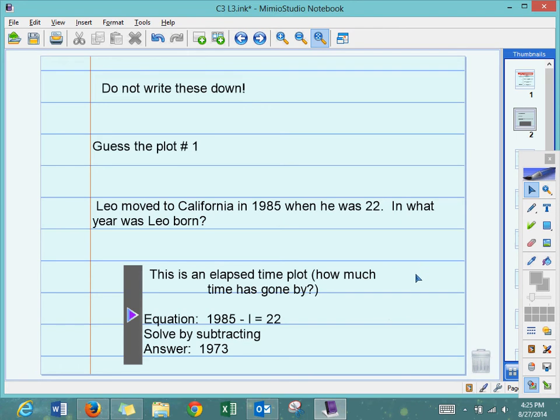Okay, so your answer should be, this is an elapsed time plot. How much time has gone by? We want to know what year. So we have a date here, and then we need another year. So we have 1985, the later date, minus L equals 22. Solve by subtracting, you get 1973.